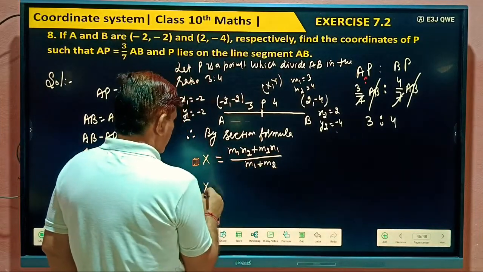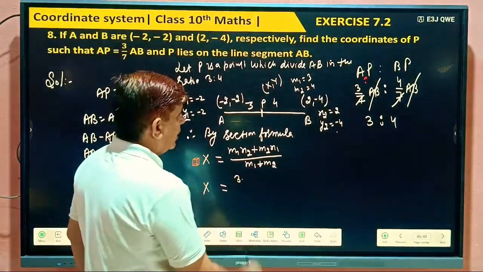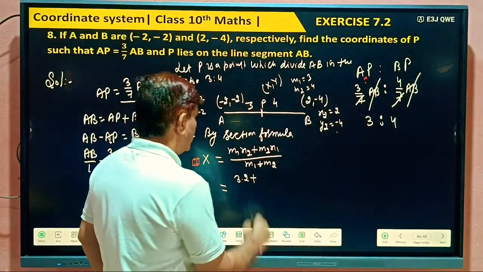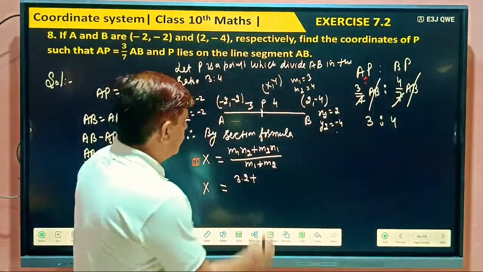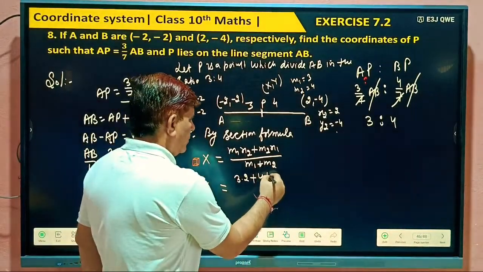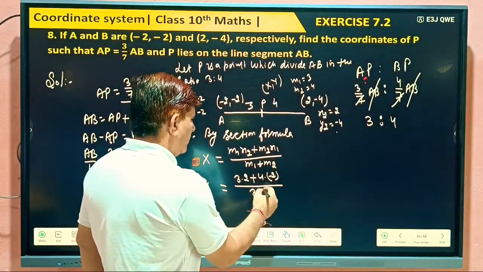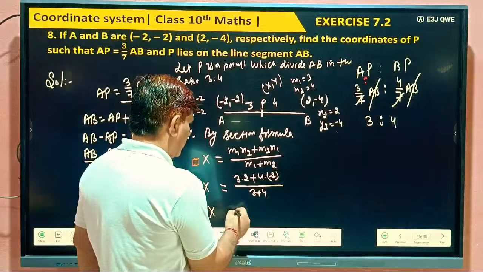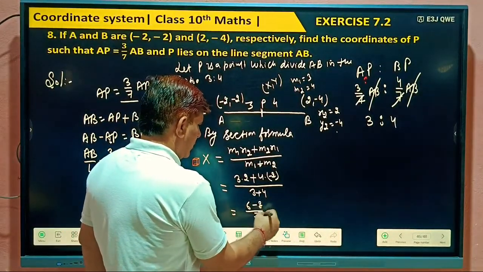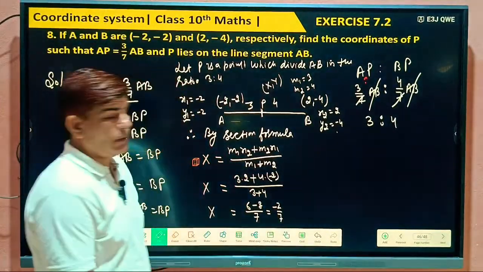Put the values. m1 is 3, x2 is 2, so 3 into 2 plus m2 is 4, x1 is minus 2, by m1 plus m2, 3 plus 4, which is 7. So x is equal to 6 minus 8 by 7. How much? Minus 2 by 7.